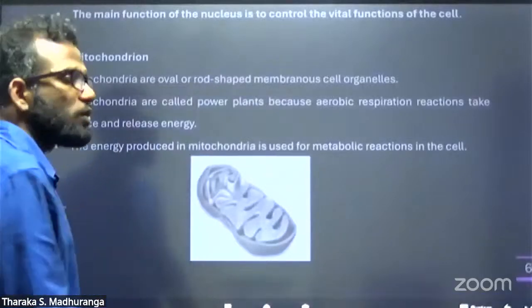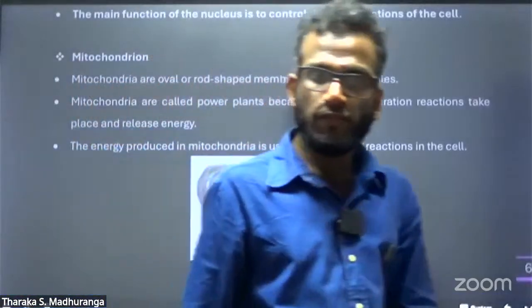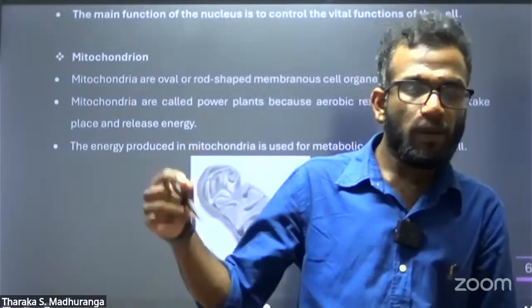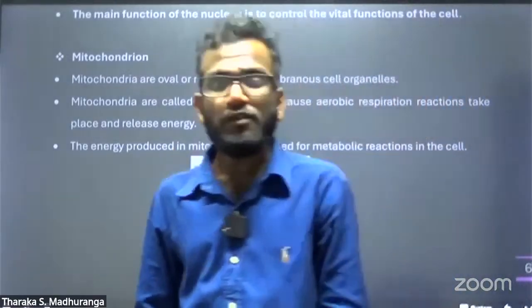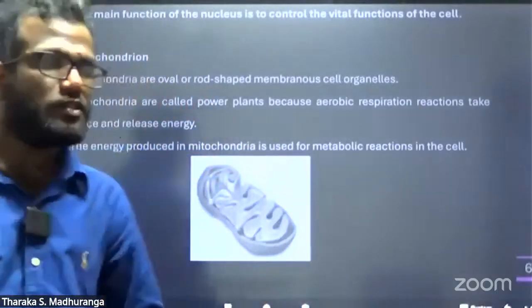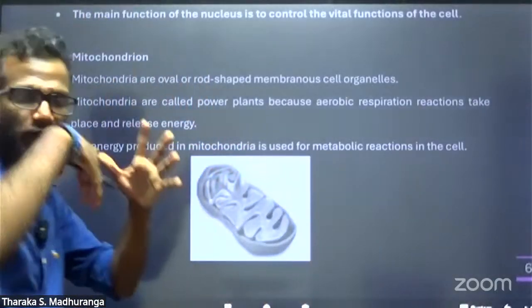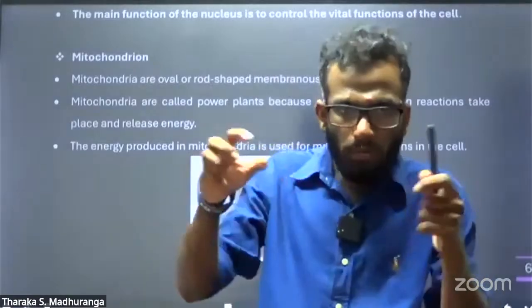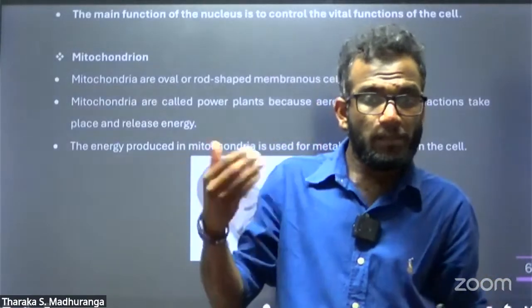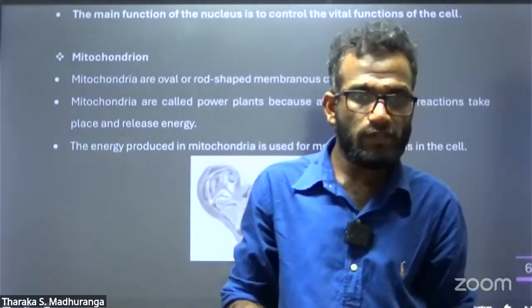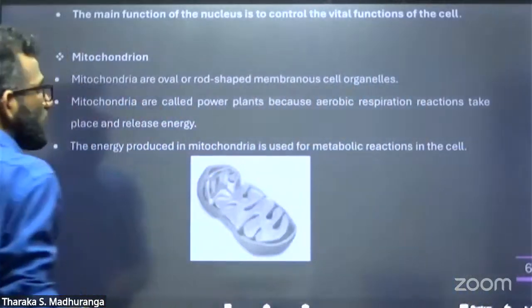Okay, the mitochondria is the power plant of the cell. It is important for cellular respiration. It produces the energy required for functioning and all metabolic activities in every part.